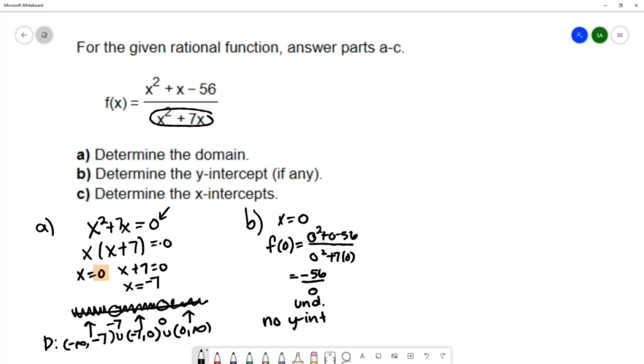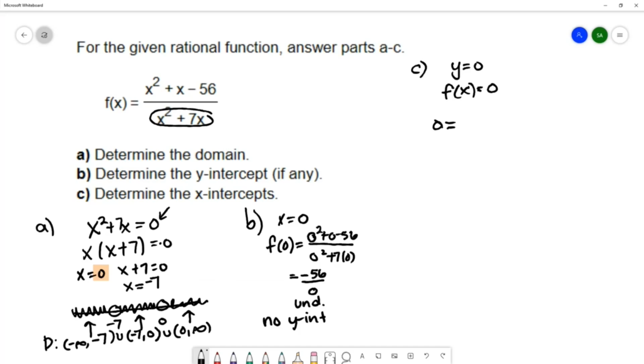So then let's take a look at the last part, finding any x-intercepts. When you look for an x-intercept, you let y equal 0. Now we're using function notation in this example, so instead of writing y, we write f of x. So we want to set our function f of x equal to 0.